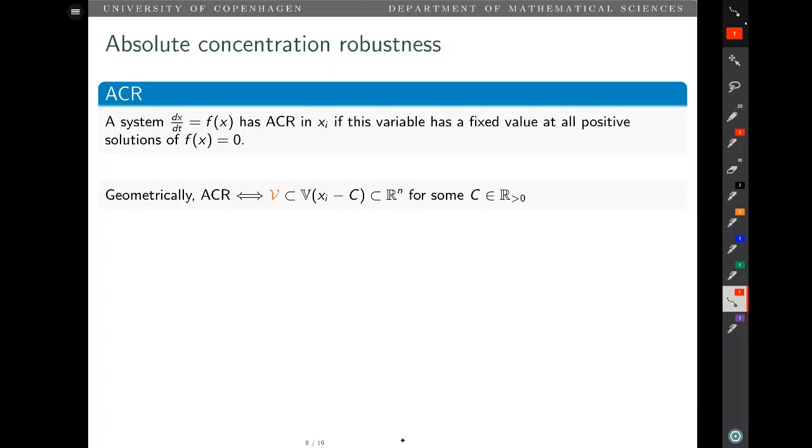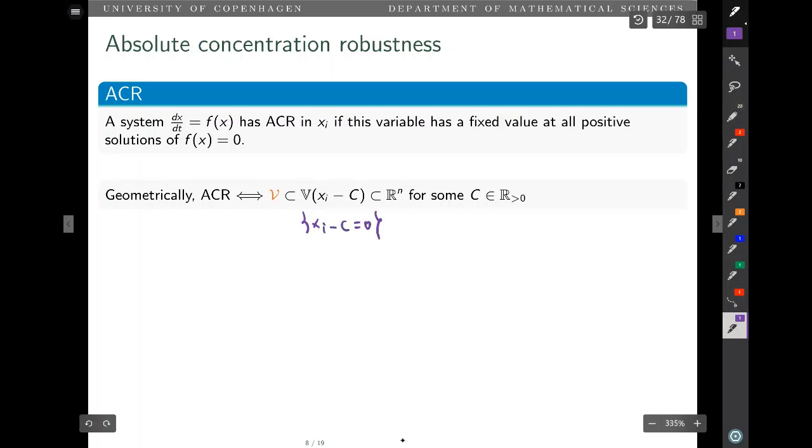Geometrically, ACR, I mentioned this earlier, means that I'm choosing my special variable, xi, and I need all the set of solutions to be contained in a hyperplane, which is a translate of a coordinate hyperplane, right? So this just stands for the set of points where xi minus c equals 0.